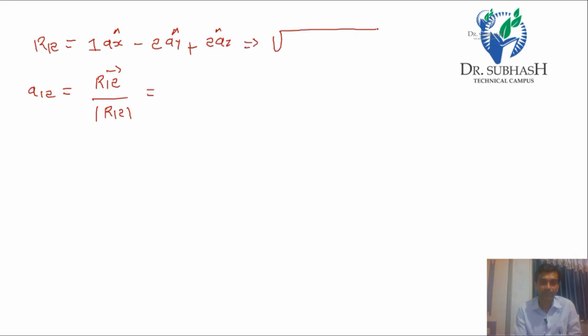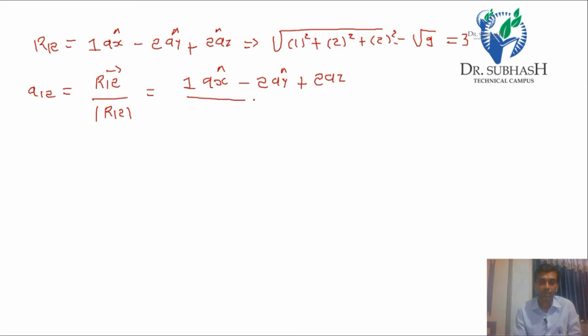It is the square root of 1 square plus 2 square plus 2 square. So we get square root of 9, which is equal to 3. So the unit vector is 1ax minus 2ay plus 2az upon 3.